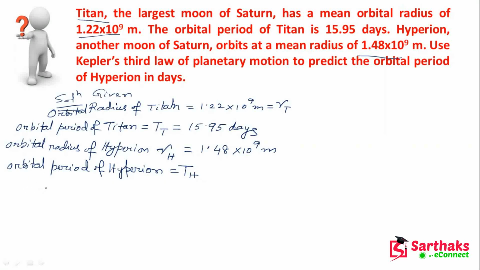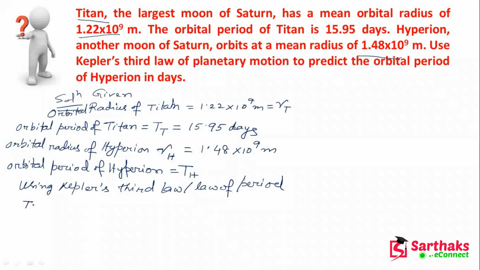So we can write, using Kepler's third law or law of periods, (TH divided by TT) whole square equals (RH by RT) whole cube.